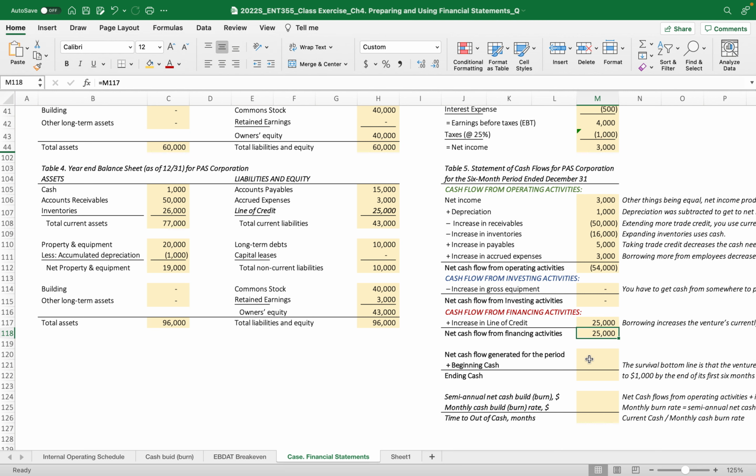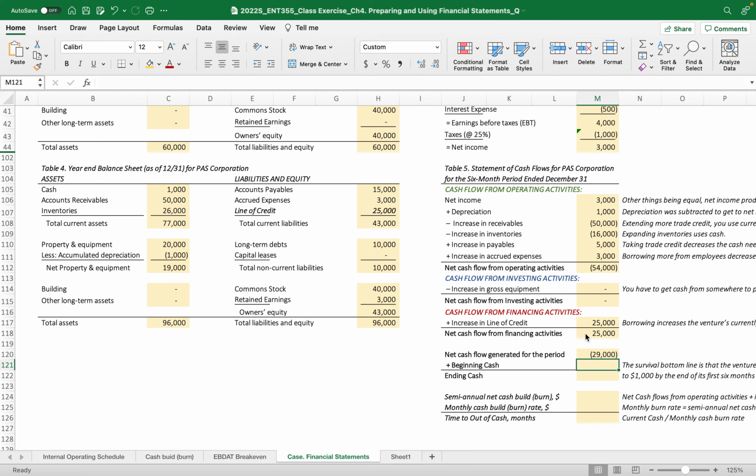And then the net cash flow generated for the period is just the sum of all the cash flows from operating, investing, and financing. So 25,000 is the net cash generated for the period, which is negative, right?